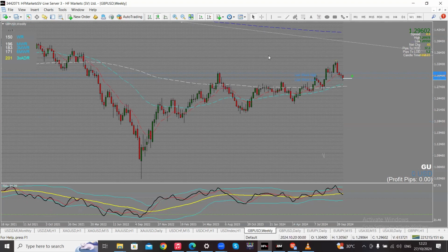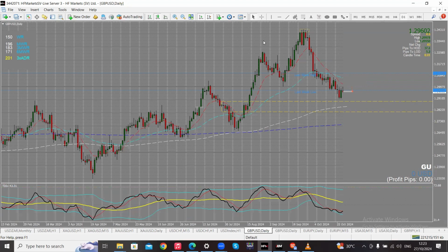From a weekly perspective, it's the same thing, though we are actually in an area here where I believe is a possible area of support. So let's go to the daily time frame.